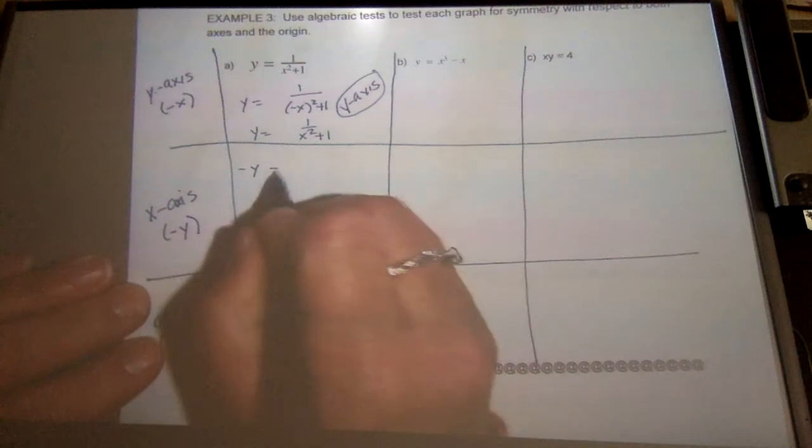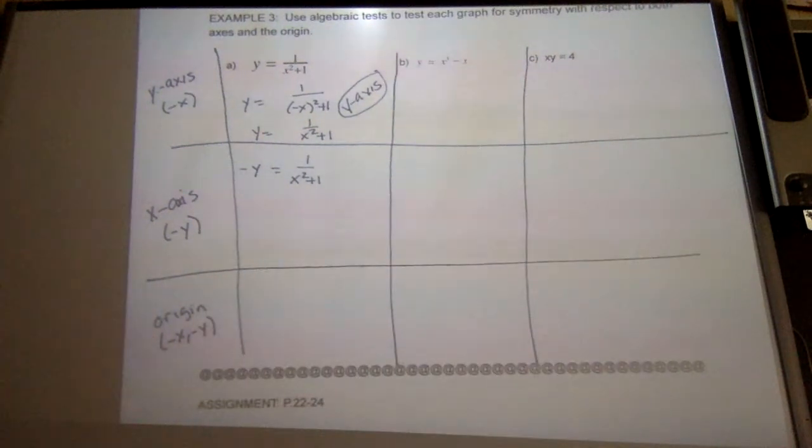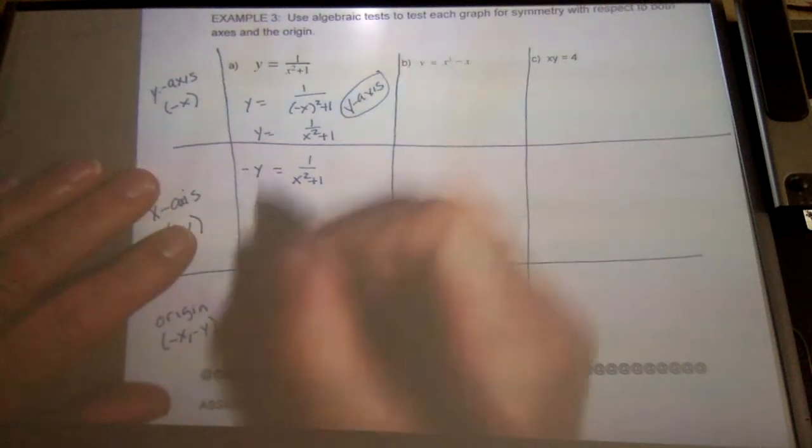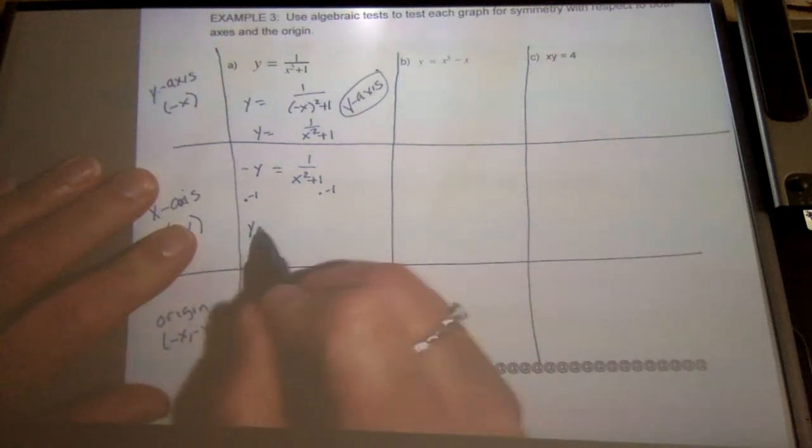Where I see y, I'm going to put a negative y. You need to be careful here. When I multiply both sides by a negative 1, this becomes a positive y.